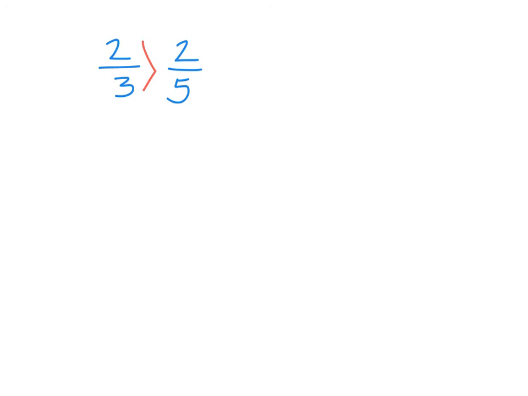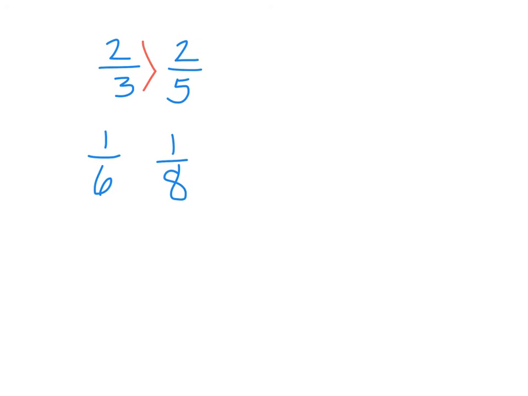Now let's try one more. Let's look at 1/6 and 1/8. See what you notice about these fractions now, and think about which strategy you can use. Pause this video and turn and talk to your partner. Okay, so which fraction is greater?